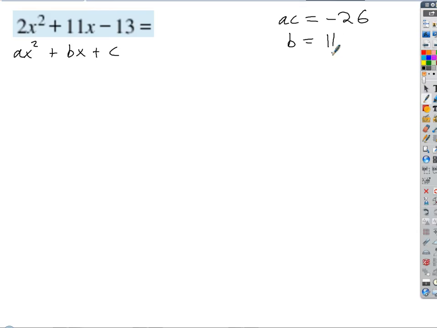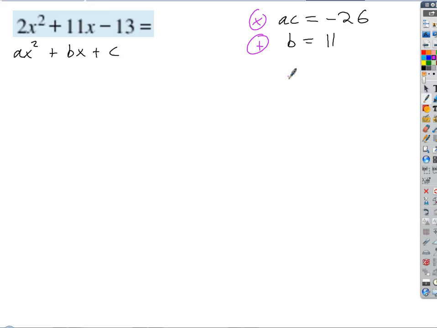So we're trying to find magic numbers that multiply to AC and add to B. Well, what would those be? Numbers that multiply to give me negative 26 and add to 11. So I know that the signs are going to have to be opposite if they multiply to a negative.